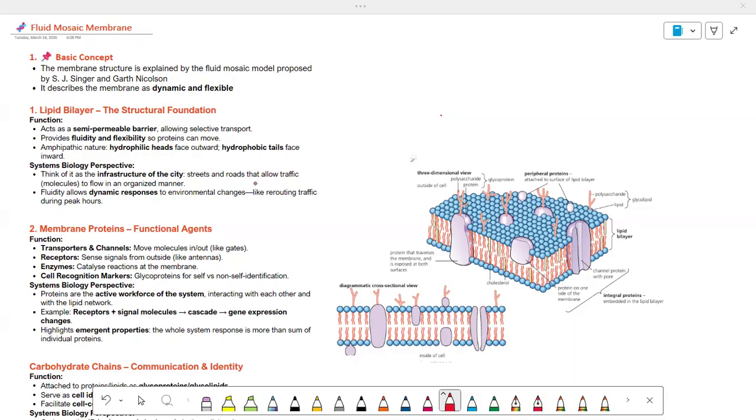So let's start. Okay, what do you think? Why do we call it fluid mosaic membrane? We call it fluid mosaic because the fluid property comes from the phospholipid bilayer, because it is in the form of fluid. And it's called mosaic.